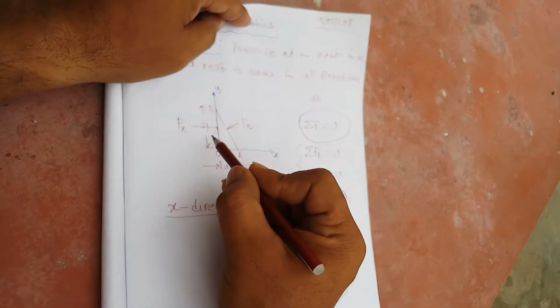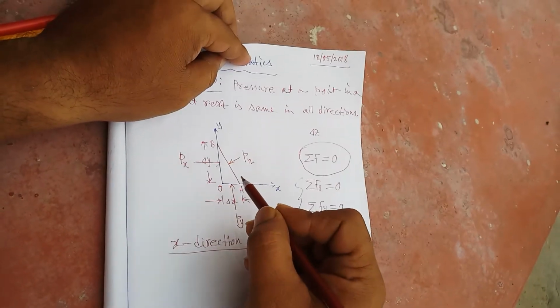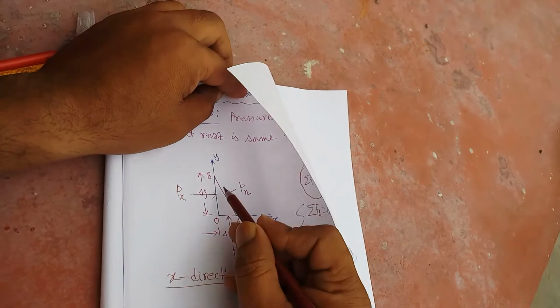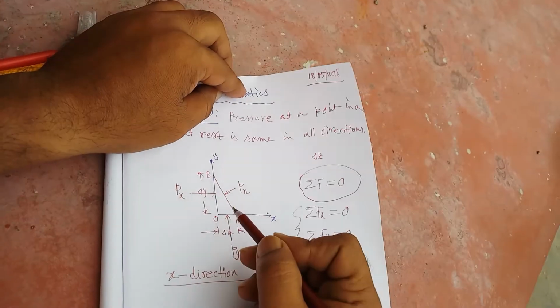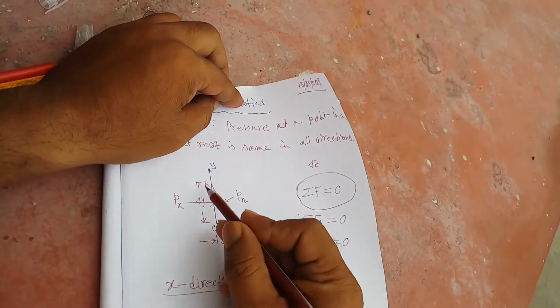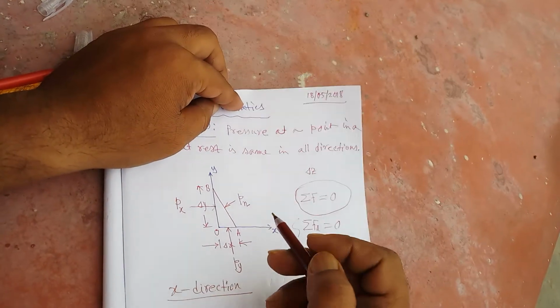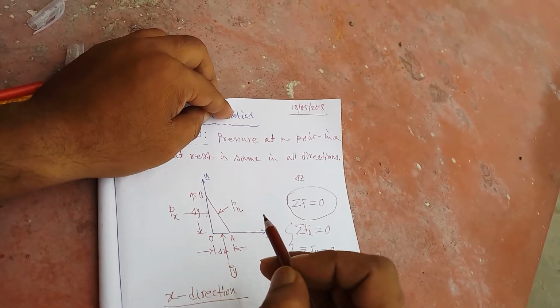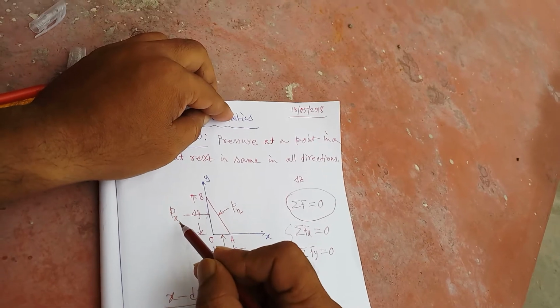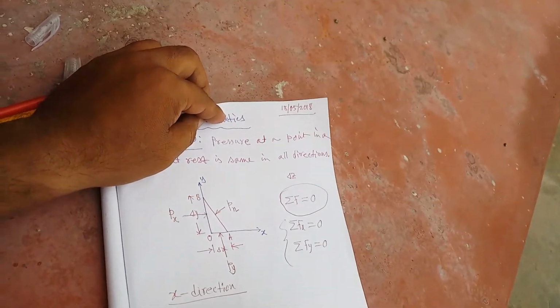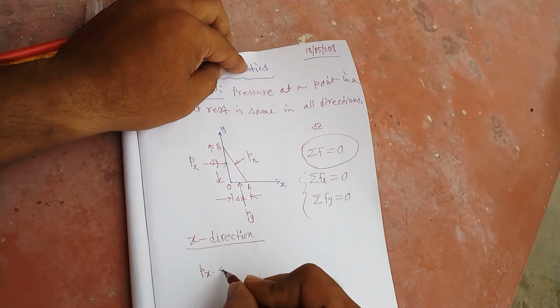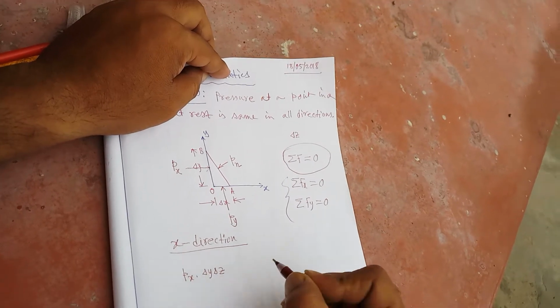First consider the force due to pressure Px. Here what is the area on the edge OB? It is equal to delta y, this length, multiplied by the thickness delta z. Delta y into delta z is the area. And the pressure is Px. So the force is Px multiplied by the area delta y into delta z.